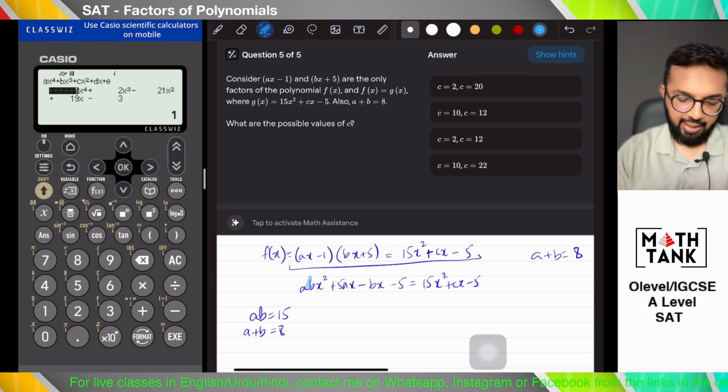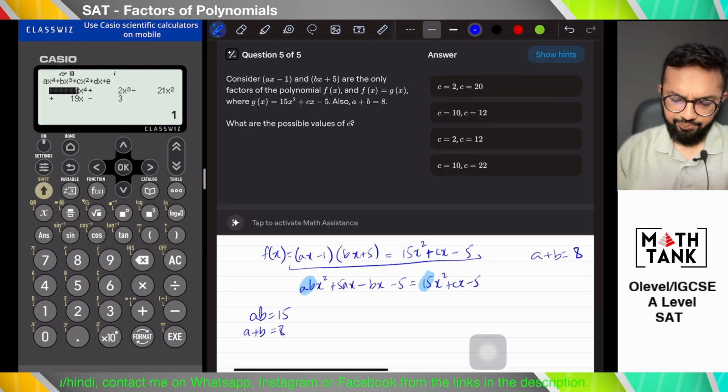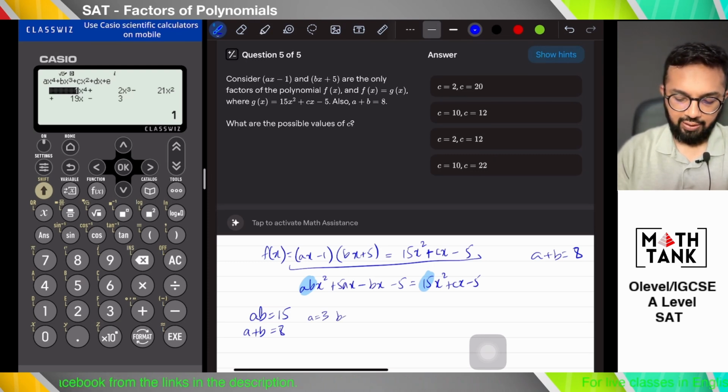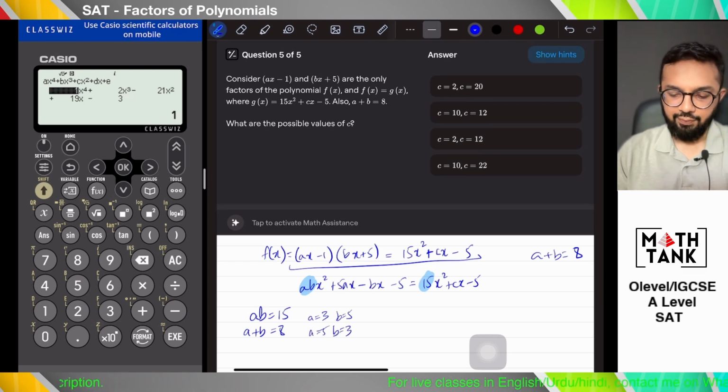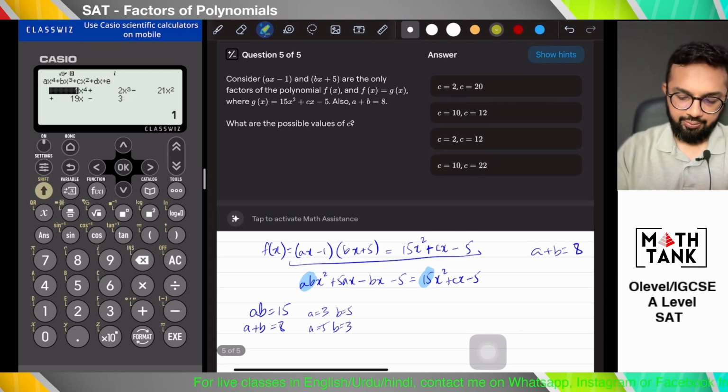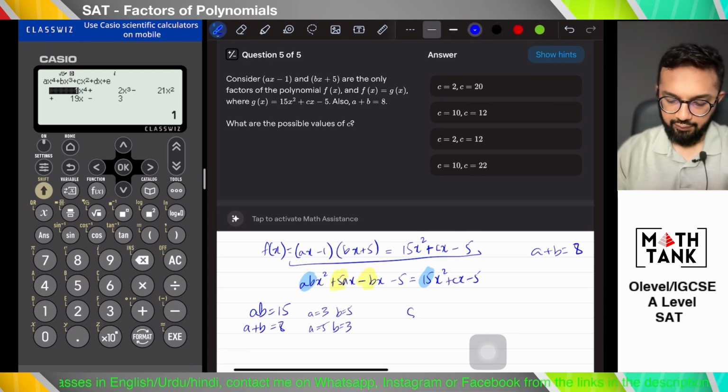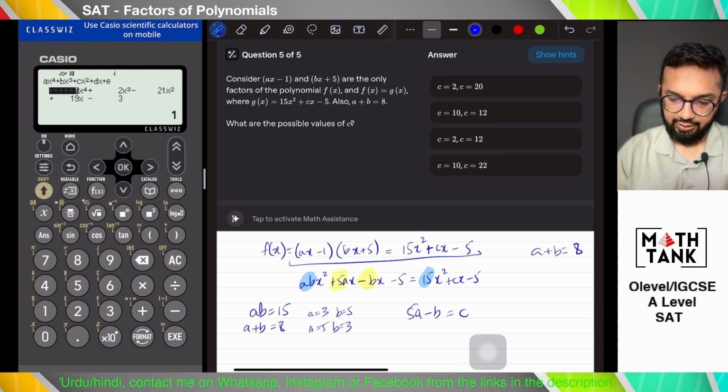I've done a comparison where I've compared this term to that. Now although I should solve this simultaneously, I can pretty much see that a should be 3 and b should be 5, or a should be 5 and b should be 3, to make a total of 8 and 15. Then when I compare the x terms together, I can say 5a minus b equals c.